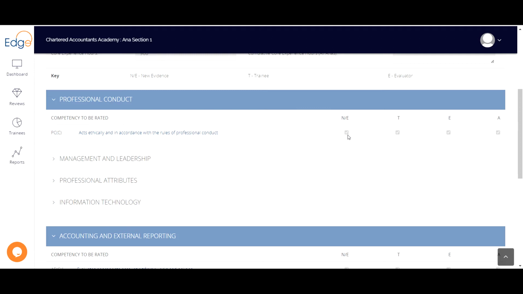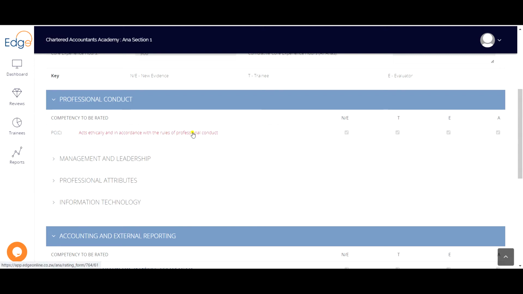The reason is that there might have been no evidence for that specific competency, but you as the evaluator can then raise a development plan for that trainee, or you can justify to the assessor that the trainee is going to get exposure to this competency in the next training ANA period. So please keep this in mind. You are required to go through each and every competency, evaluating and giving comments.